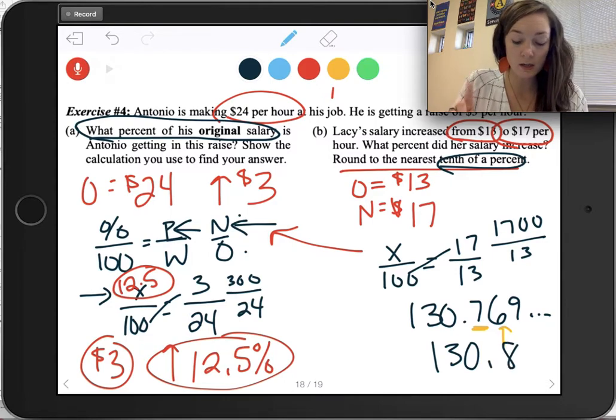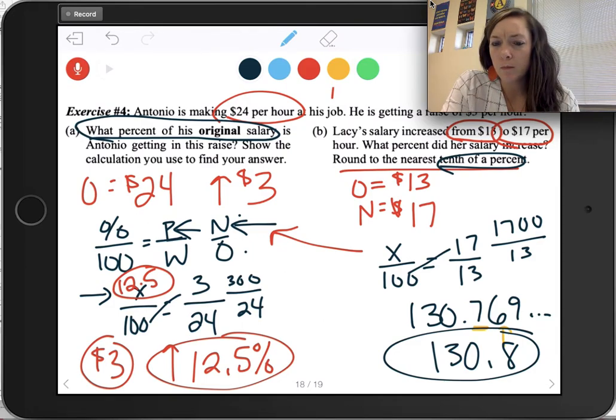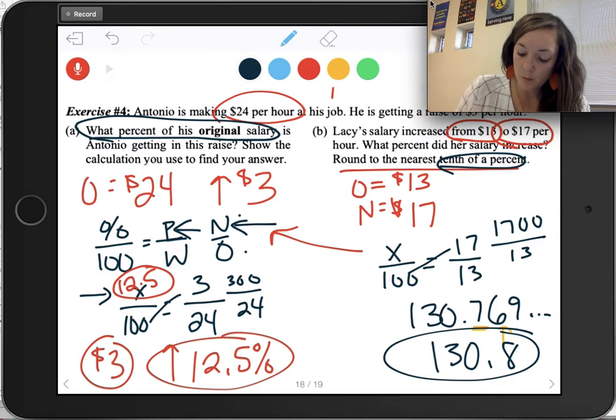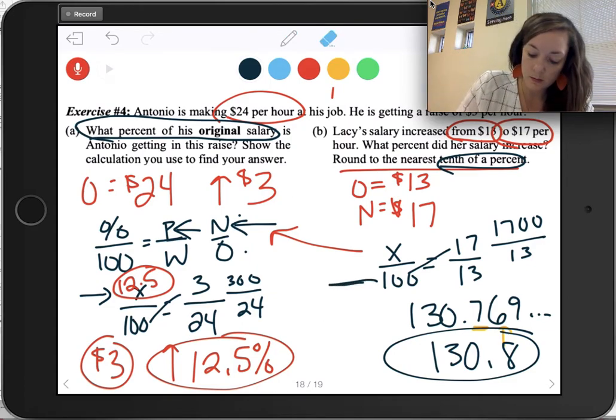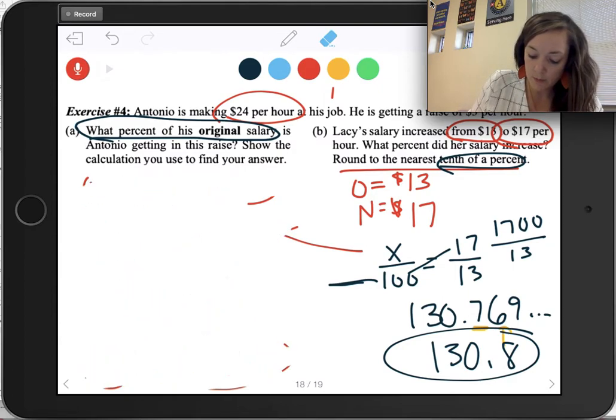Okay, we're not done yet. Because 130.8, well, did Lacey's salary go up $13 plus some? No, it only went up a few dollars. So it's not increasing 130%. But we have our original percent. Let me erase some of this over here. Our original percent is 100, right? And we talked about that when we did percent of original.